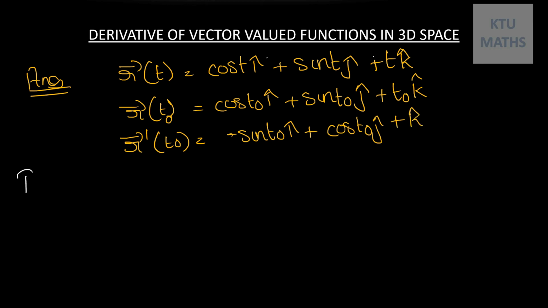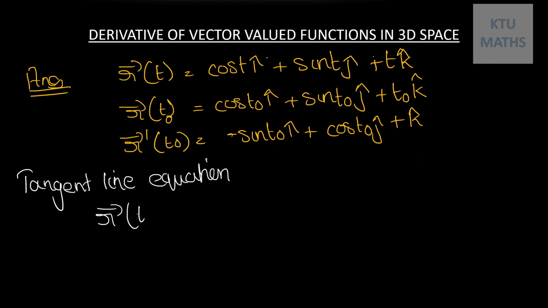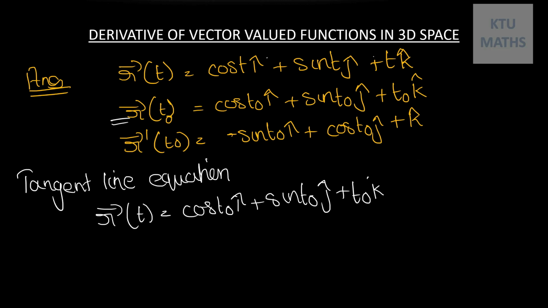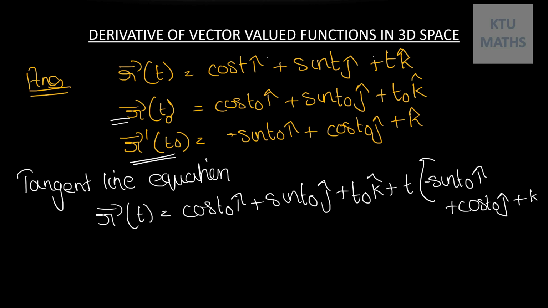The tangent line equation would be r(t) is equal to, we have to write r(t0) first, cos t0 i plus sin t0 j plus t0 k plus t times r'(t0), minus sin t0 i plus cos t0 j plus k.